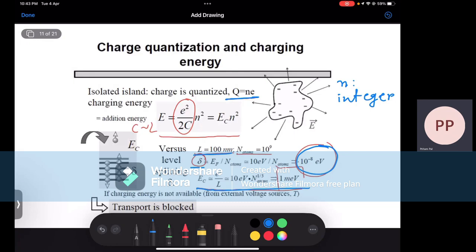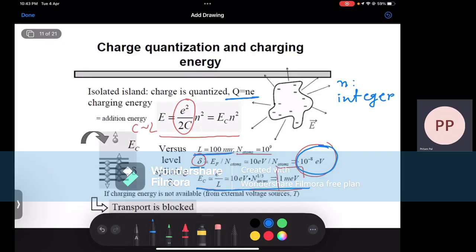In fact, there are so few electrons on the island that their kinetic energy is very small, but the charging energy can be significant because it is of the scale of the electric charge divided by the capacitance, which is proportional to the size of the island.